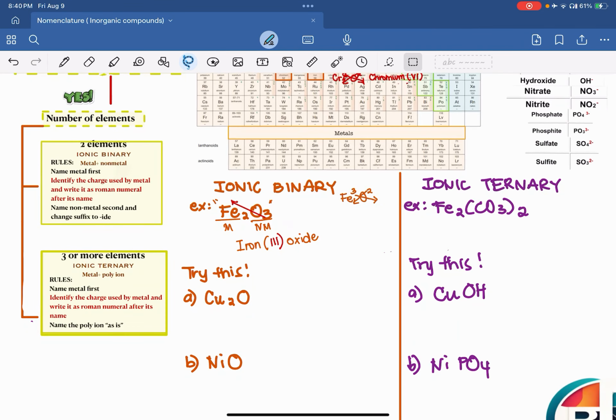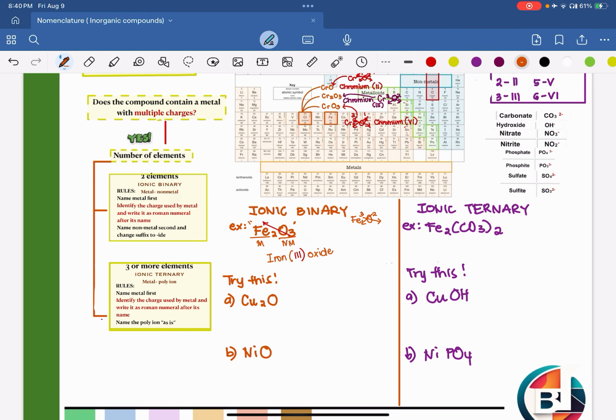Again, your copper has a possible charge of 1 or 2. In this case, remember that oxygen again is 2. So, which do you think is the charge used by copper? Is it 2 or is it 1? The answer to this question is actually 1.